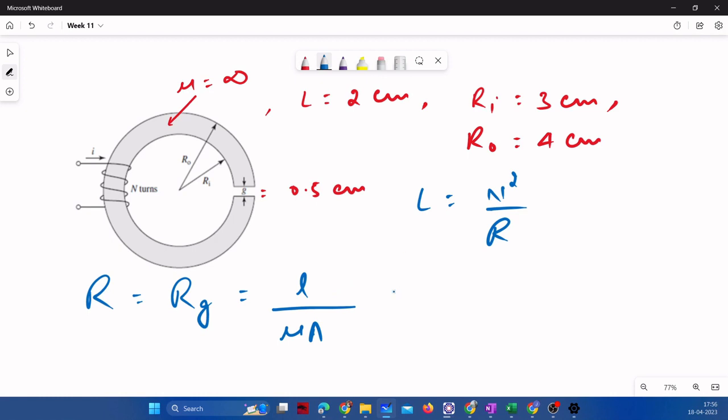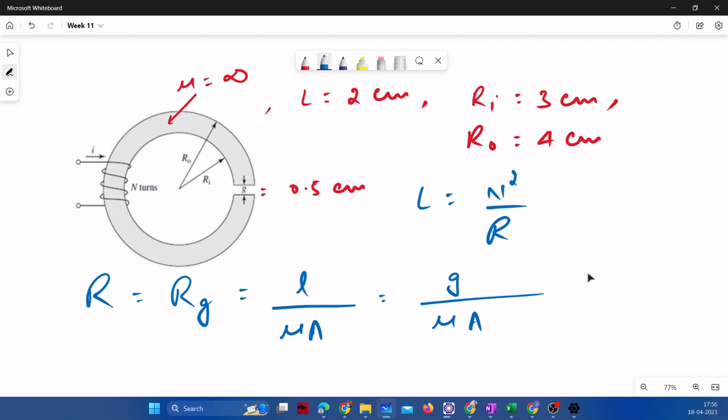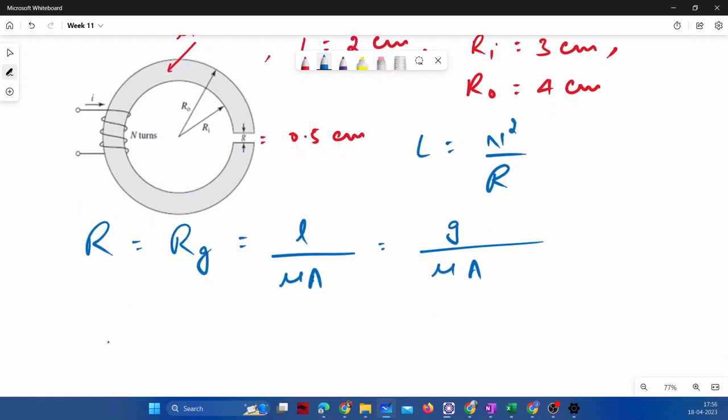So l should be, if we are computing the reluctance of the air gap only, l should be g, and mu A, and A will be how much? How to compute area in this case? Area of the air gap.